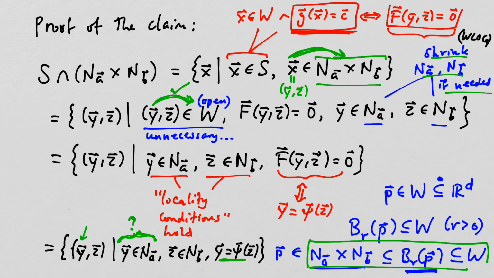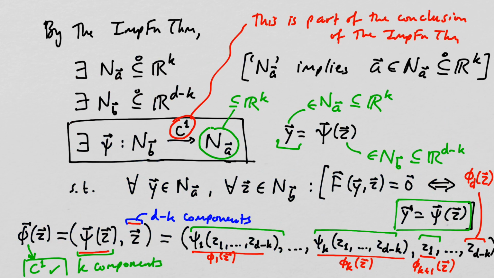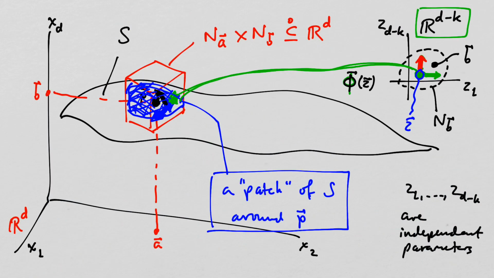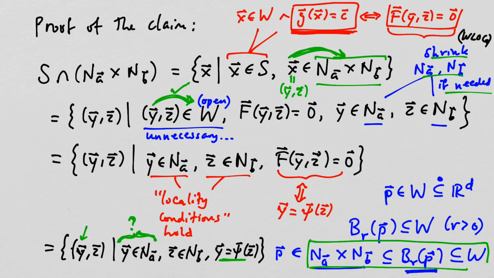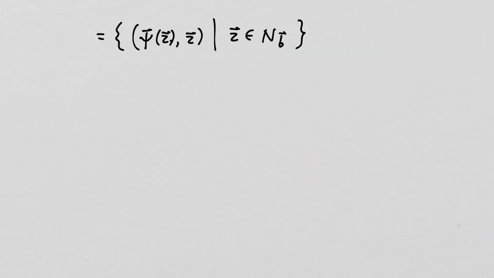Answer is yes, it is automatic. Because coming back to the implicit function theorem, remember that psi of anything is automatically in n sub a. Psi of anything at all is going to map into n sub a. So, since y is equal to psi of something, psi of z, that y is indeed going to automatically be in n sub a. So we don't have to even write that condition, it's just automatic. And so this is enough information.